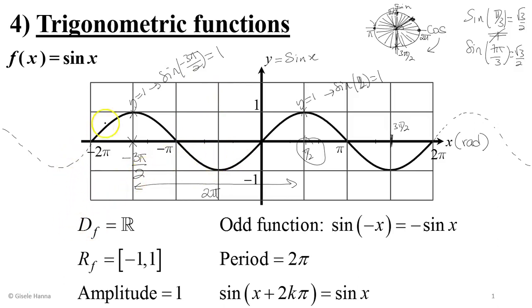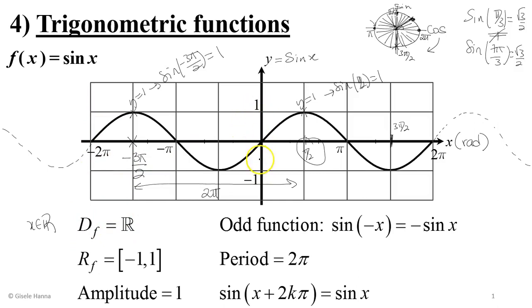Now over here, as you can see, there are no restrictions on the domain of this function. X can be any real number, so any real number has a sine value. So over here, X belongs to R. There are no restrictions on X for sine. Consequently, the domain of the function is the real numbers.